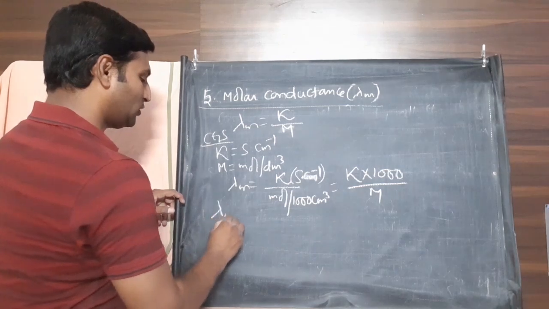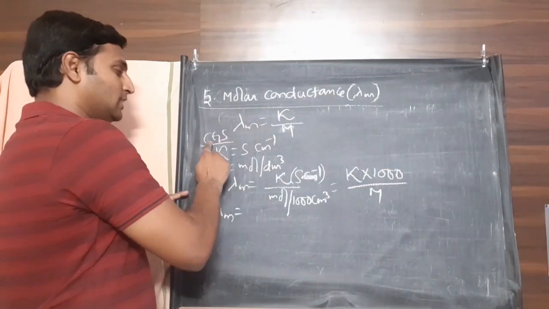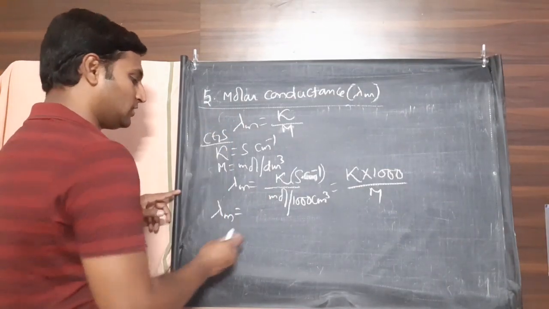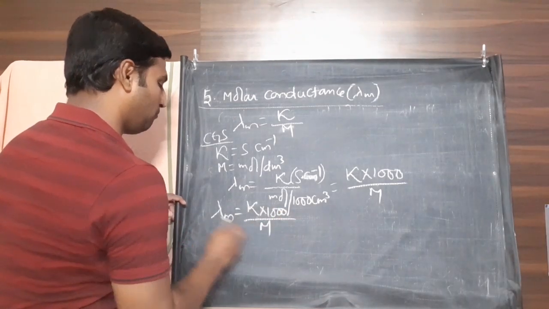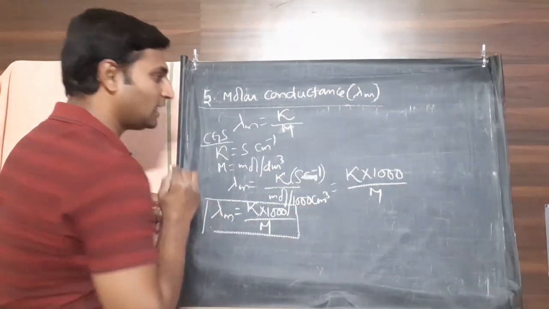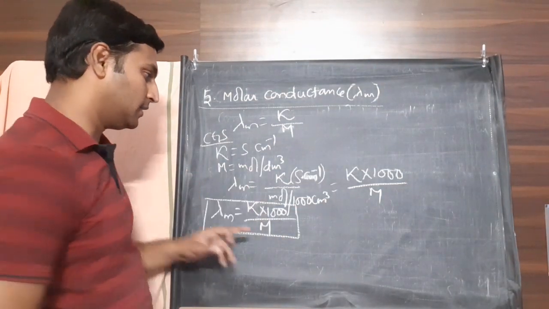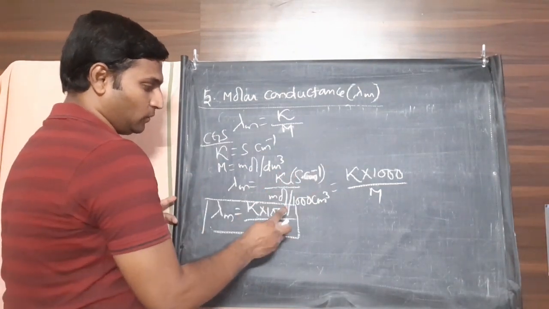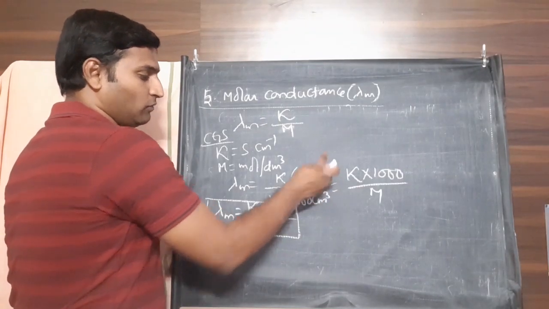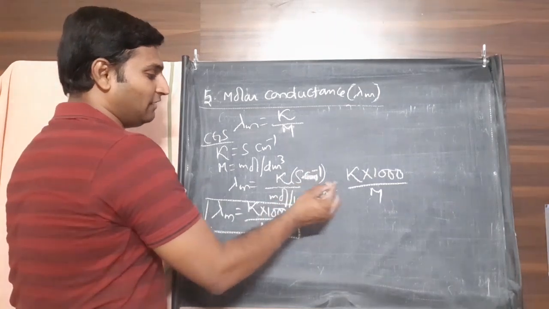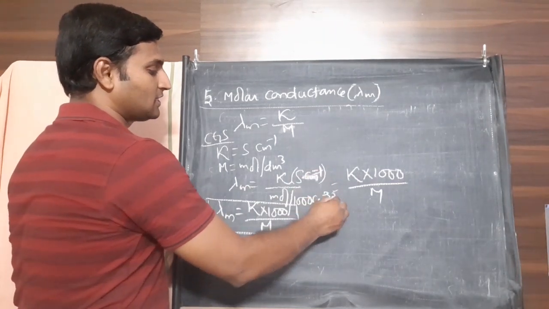So in case lambda m has to be expressed in CGS units, it is going to be kappa into 1000 by molarity. And what will be the units? See here, Siemens centimeter inverse. Now centimeter cube inverse it will become. So you will be left with centimeter square here.